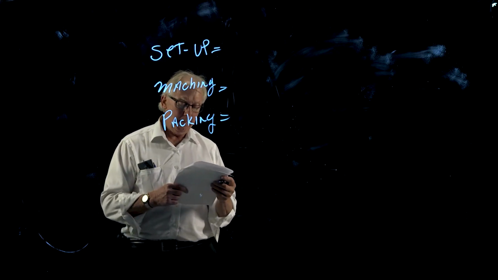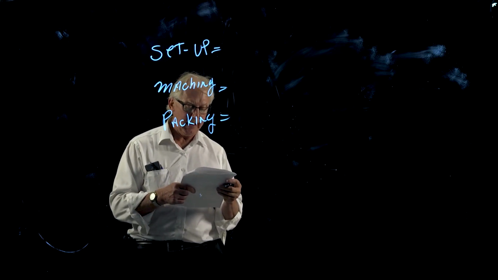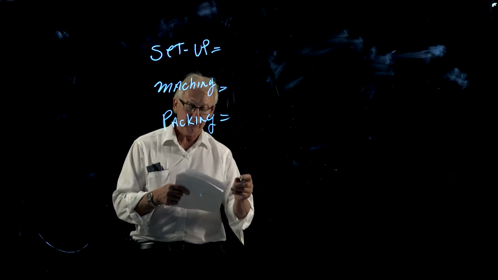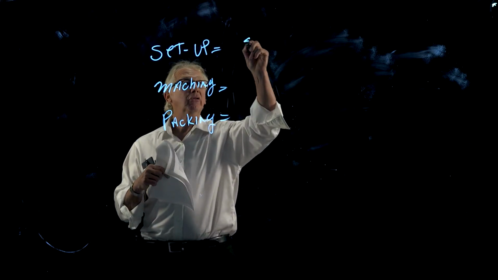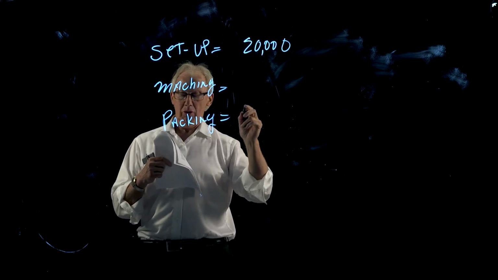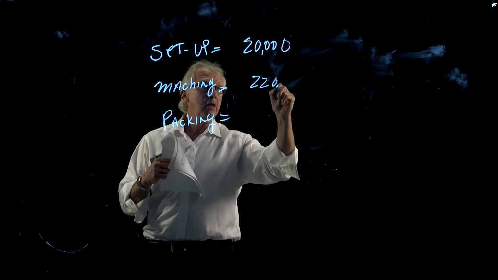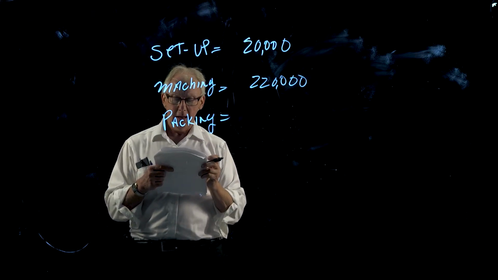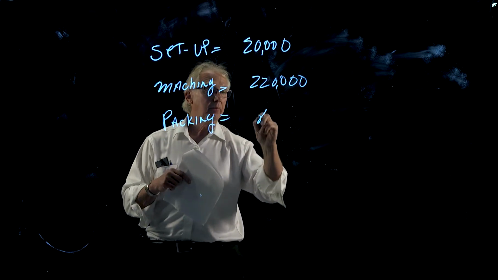And it tells you the overhead that they incur. The total has to be $320,000. So $20,000 is in setup, $220,000 is in machining, and packing is $80,000.